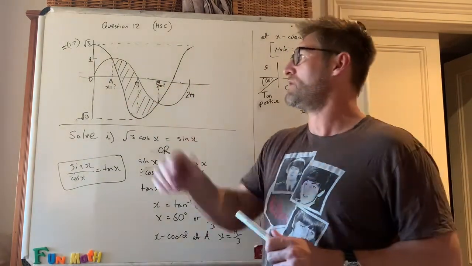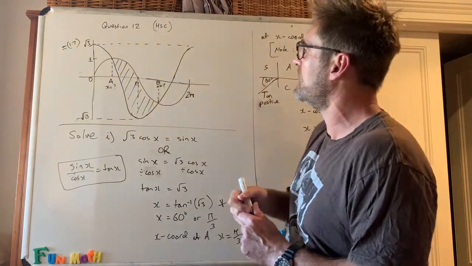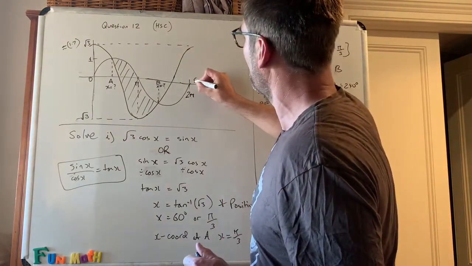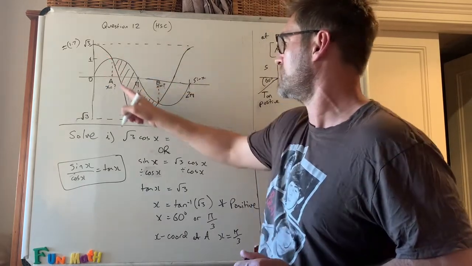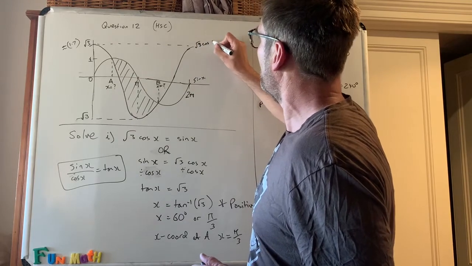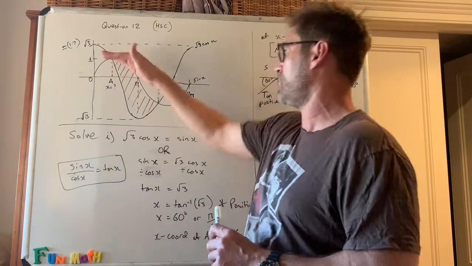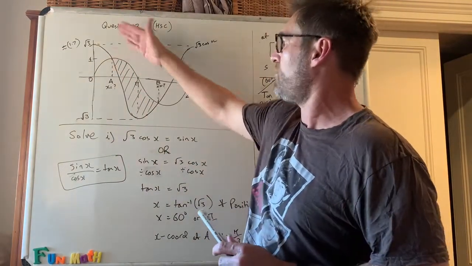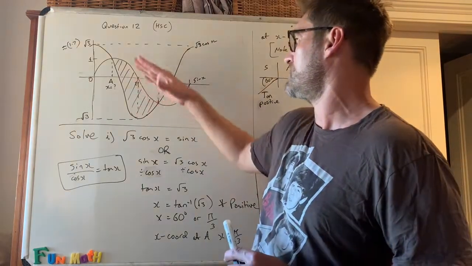Before we get into it, remember the function at the top, which I think was sine x, sits fully above this function here, which was root 3 cos x. So when we integrate, we've got the same scenario we've had: the top function sits fully above the bottom function, so sine sits above cos.